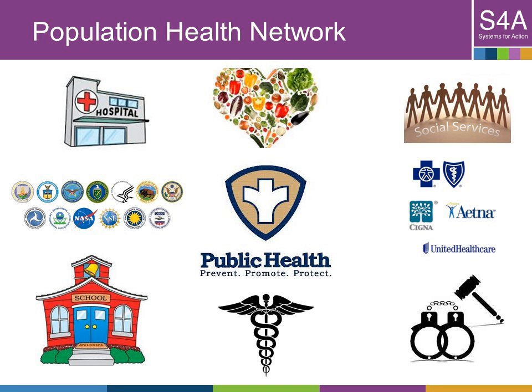So what's that created? It's created this population health network with a lot of different people participating and working on services and trying to come together. But the system is still really squishy, and that's something at the Systems for Action National Coordinating Center that we're trying to figure out: what exactly it looks like, what drives these partnerships, what makes them change over time, what exactly does a relationship look like, how are they working together, is it very basic, is it very intensive, are they just sitting on boards together, are they really participating in the provision of services together?